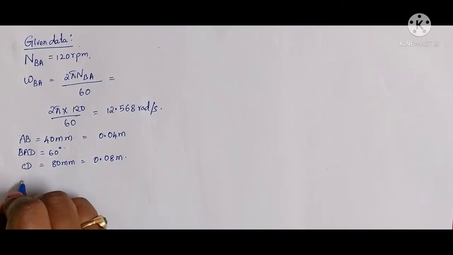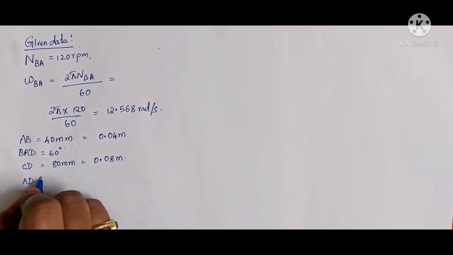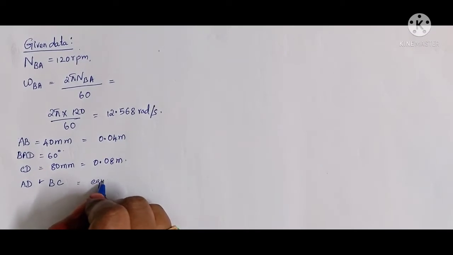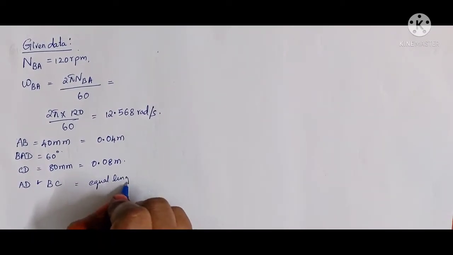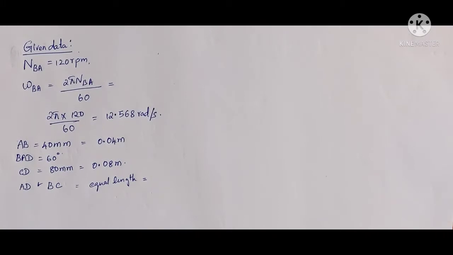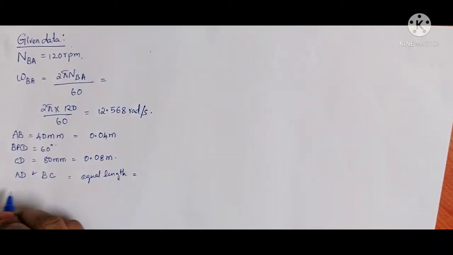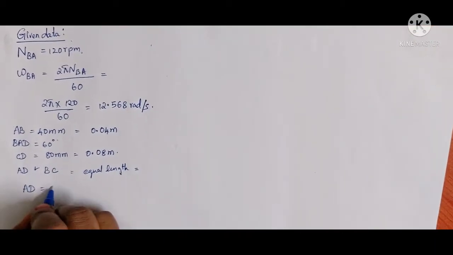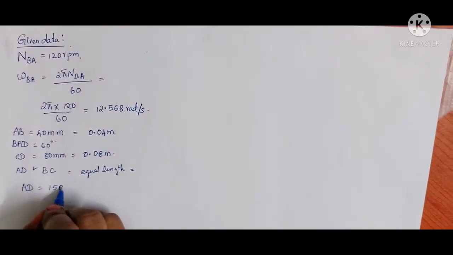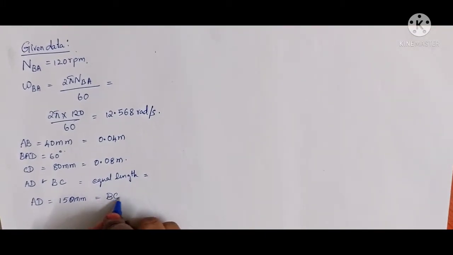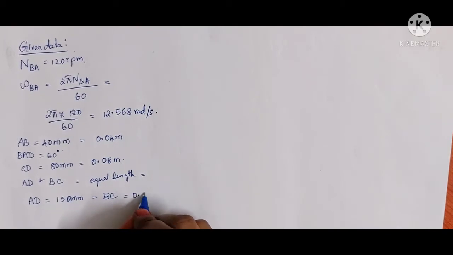Then AD and BC are of equal lengths. The AD value is 150 mm long, so AD equal to BC.